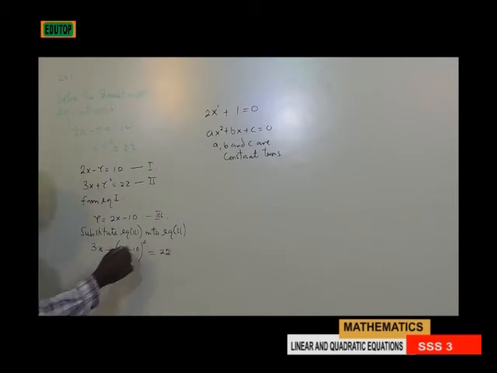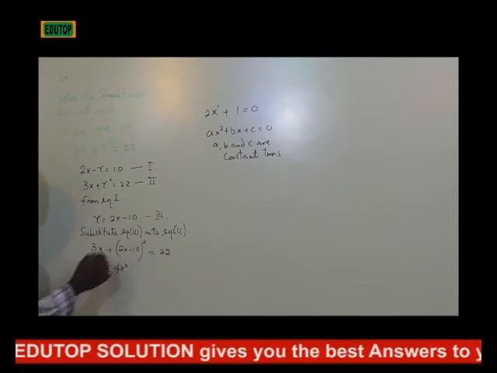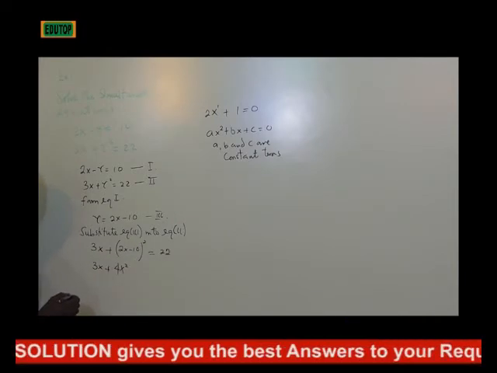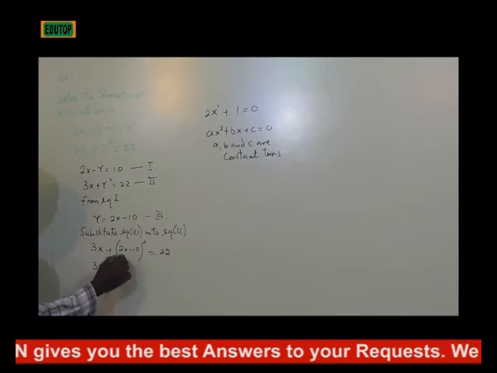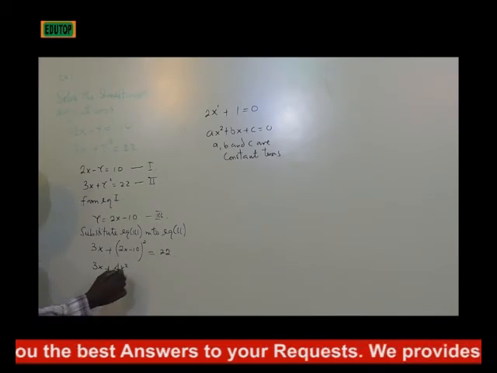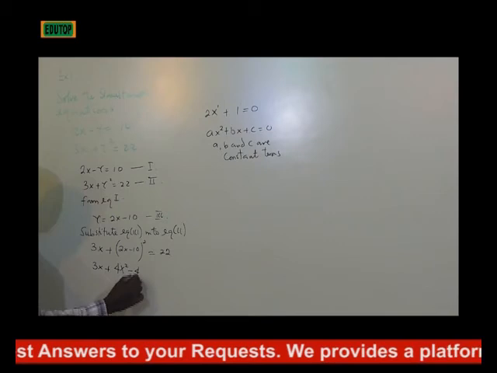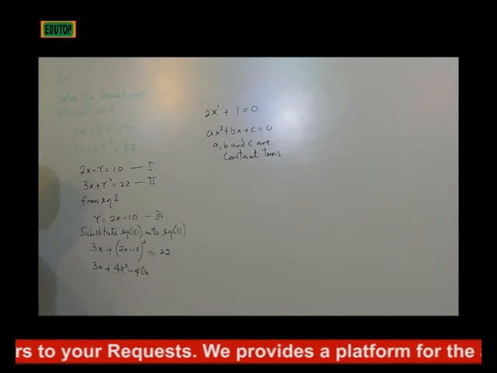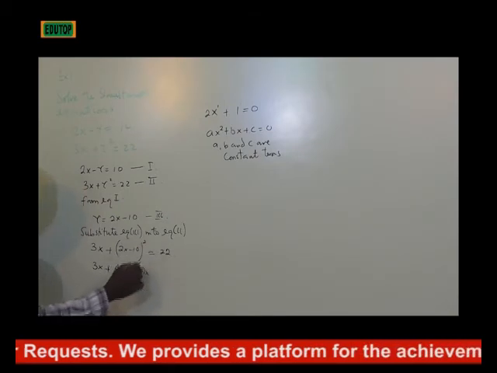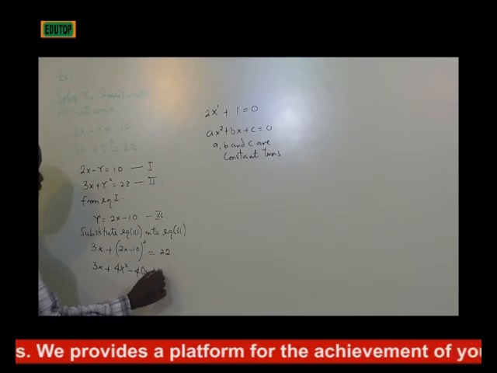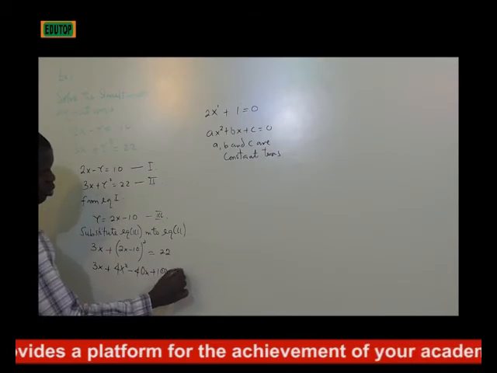The next thing I will do here is to expand this. So I have 3x plus, if I expand this, 2x times 2x, then it becomes 4x squared. 2 times 2x times minus 10, then I'll have 4x times this, that will become minus 40x. Then minus 10 squared becomes plus 100, equals 22.